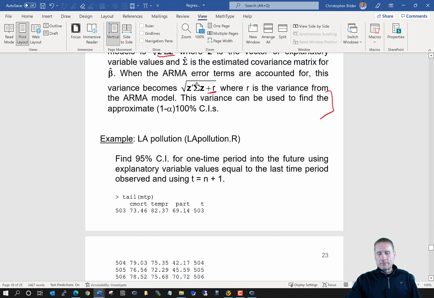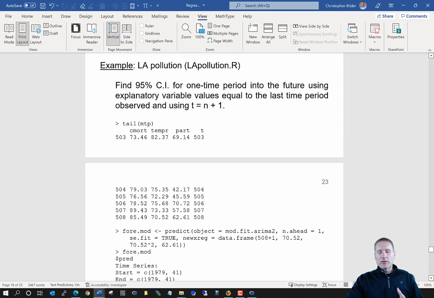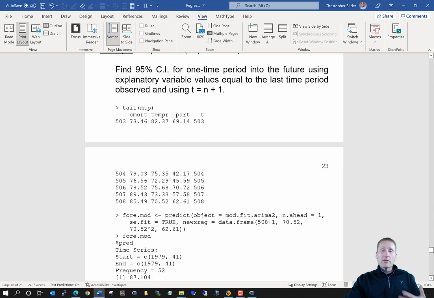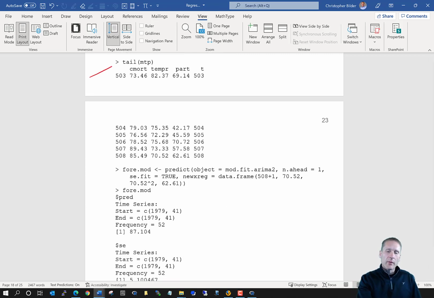Okay, so let's go back to this Los Angeles pollution example again. What I want to do is go one time point into the future to estimate cardiovascular mortality. For my data set, I have the last 6 observations. For example, right here is M sub 508.